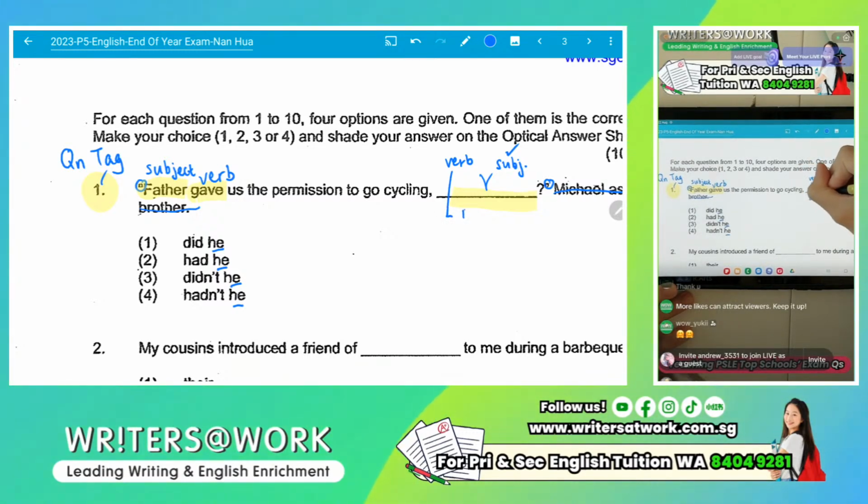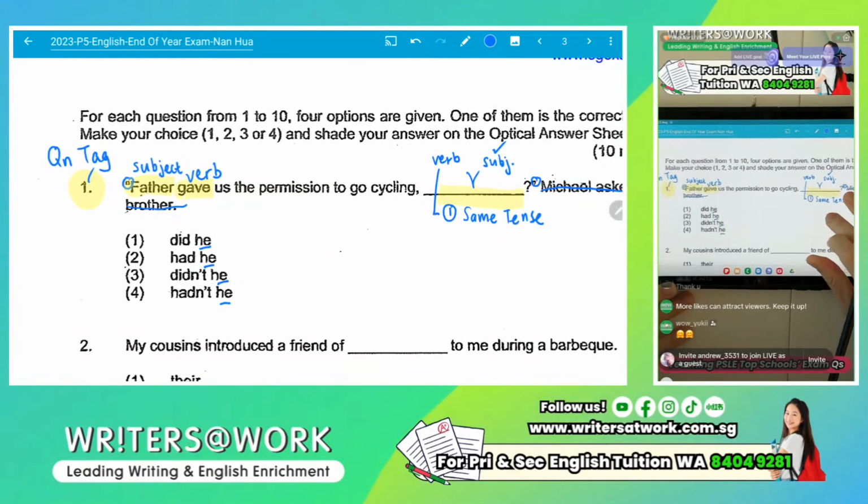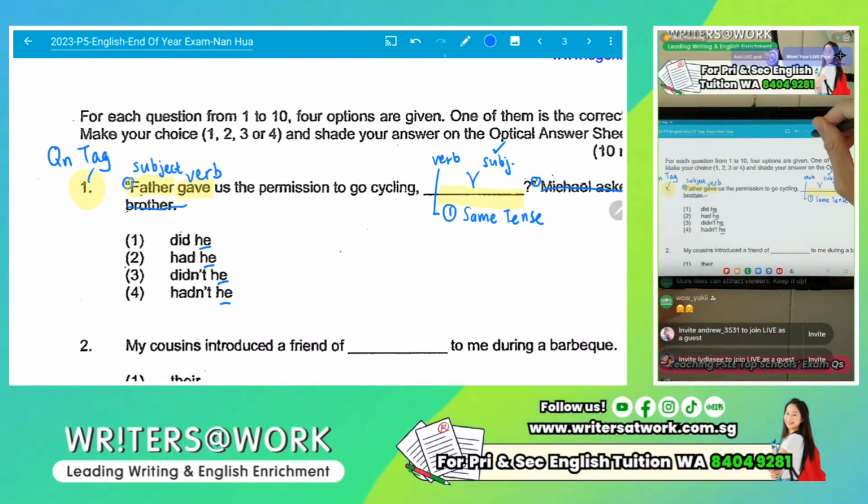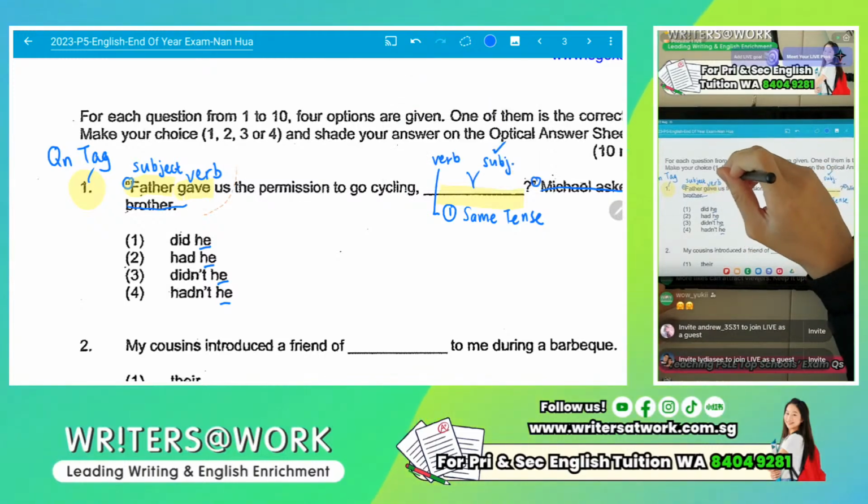Two rules to take note of over here. First rule, it needs to be a verb of the same tense. What do I mean by same tense over here? Looking back at the verb in the main sentence over here, we have gave.